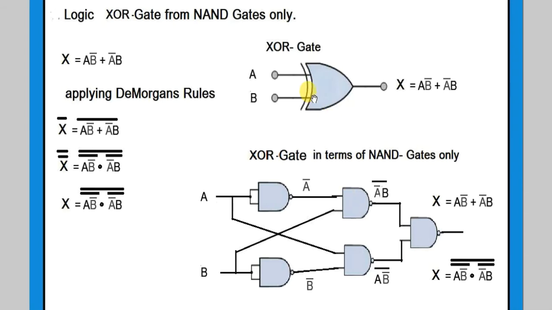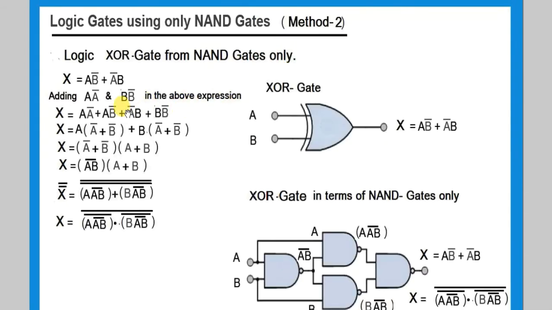Now this is method 2. The same exclusive OR gate can be expressed if we add A complement B complement in both expressions, because A times A complement is equal to 0 and B times B complement is equal to 0, according to Boolean law.